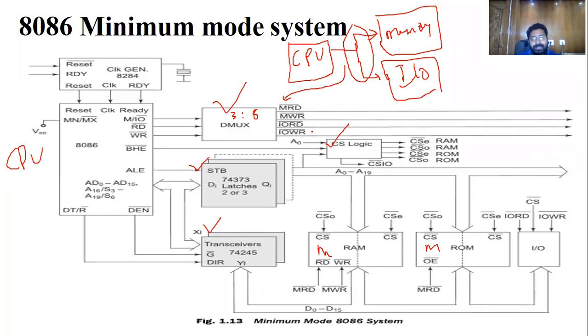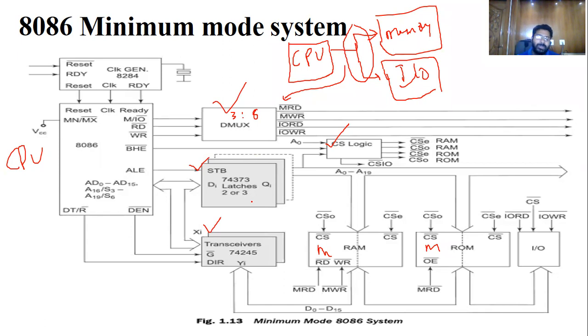Because the same data lines are used for both memory as well as input output devices, for that purpose we are using this DMUX. You know that we have five different types of latches. For data purpose you require two 8-bit latches.